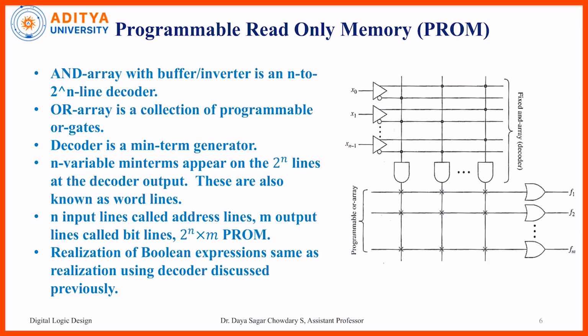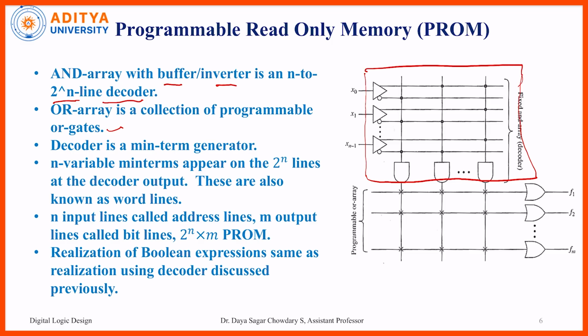Now coming to the PROM, the AND array with buffers or inverters is an n to 2 to the power of n line decoder. We already saw that structure, and the OR array is a collection of programmable OR gates, which is also simple. Here we can observe the internal structure of the decoder, whereas previously we used the block diagram of the decoder.